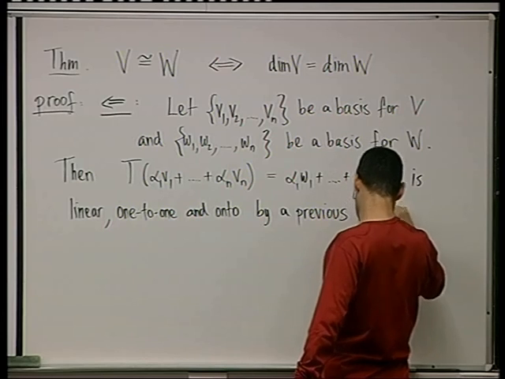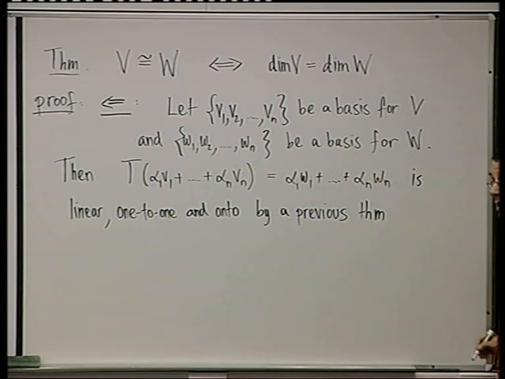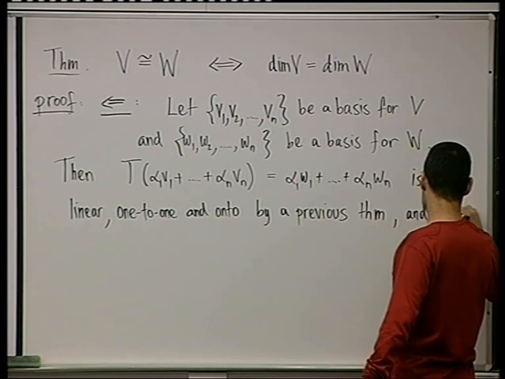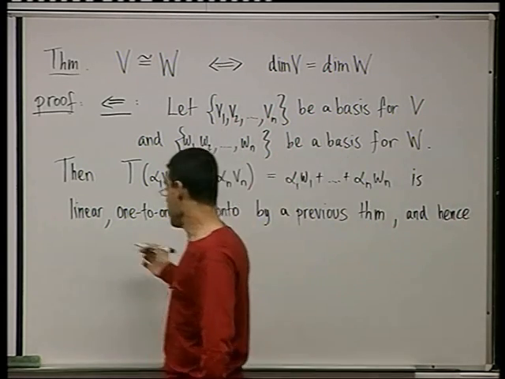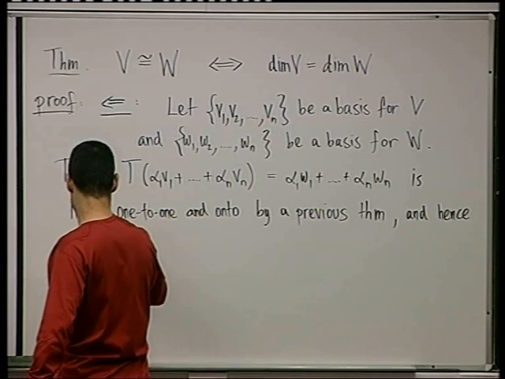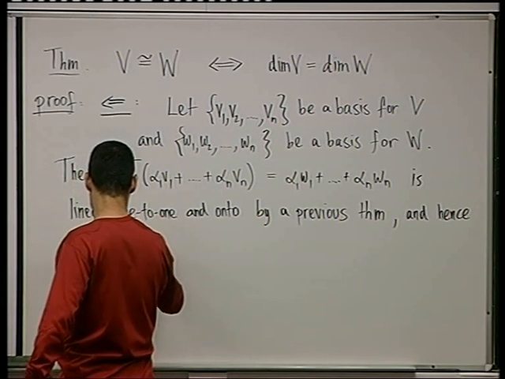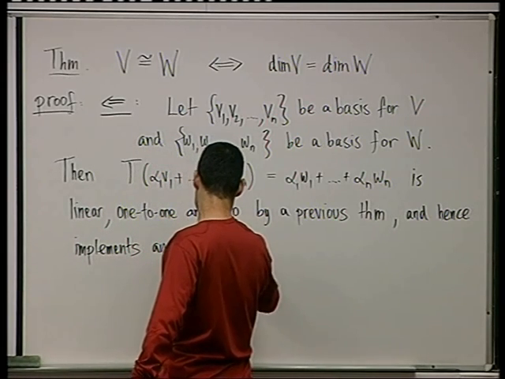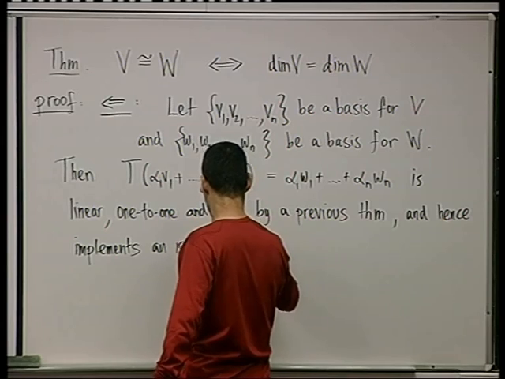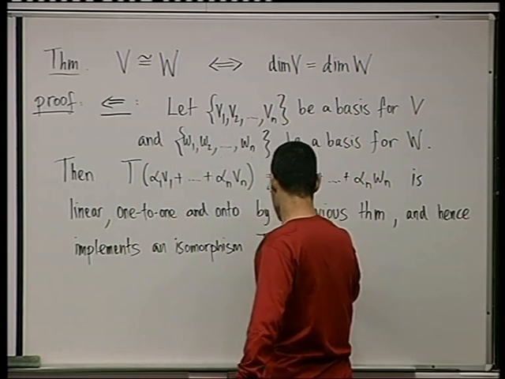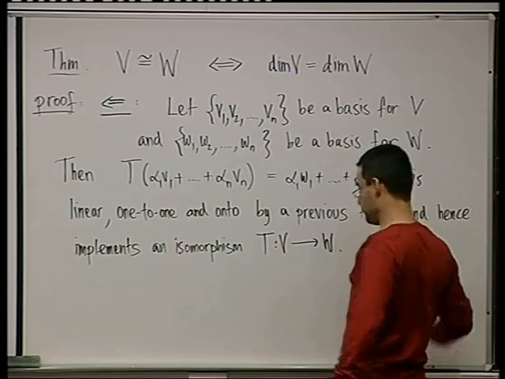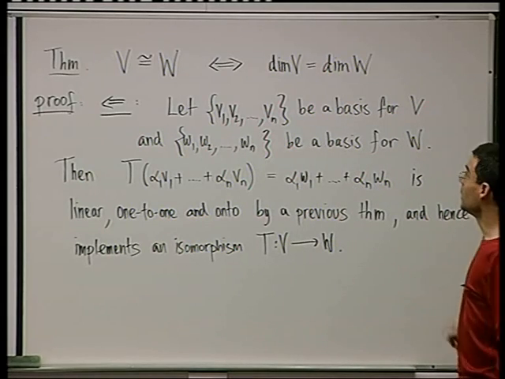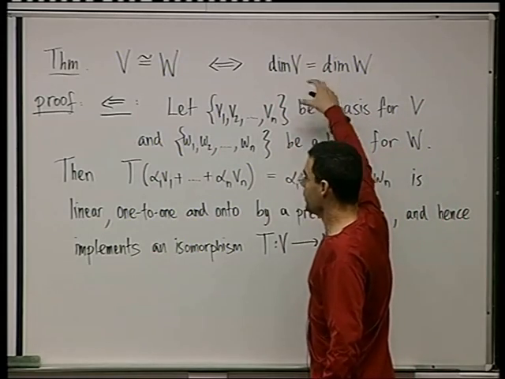That was precisely the statement of that previous theorem, and hence, it implements an isomorphism T from V to W. Good? So if they have the same dimension, they're isomorphic.